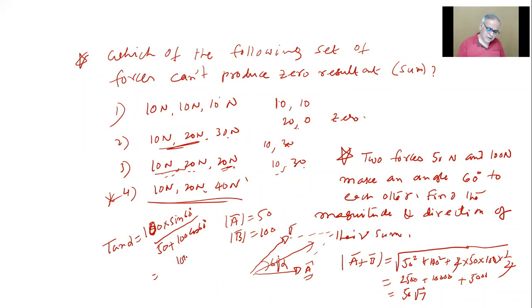That is 100 root 3 by 2 by 50 plus 100 cos 60. Cos 60 is 1 by 2, so 50. So tan alpha is root 3 by 2, whatever it is. You can leave it like that because that particular angle we don't know directly unless we look into the tables.